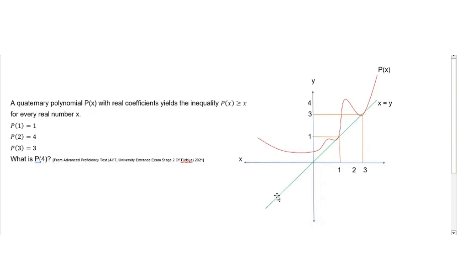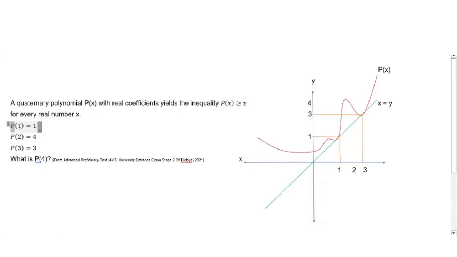I drew this y equals x graph, a line, because if I didn't draw it, I couldn't show how this inequality, P(x) greater than or equal to x, touches this graph. This inequality should touch the graph at some point or points, because we have this equal sign, which means it might be equal to x too.